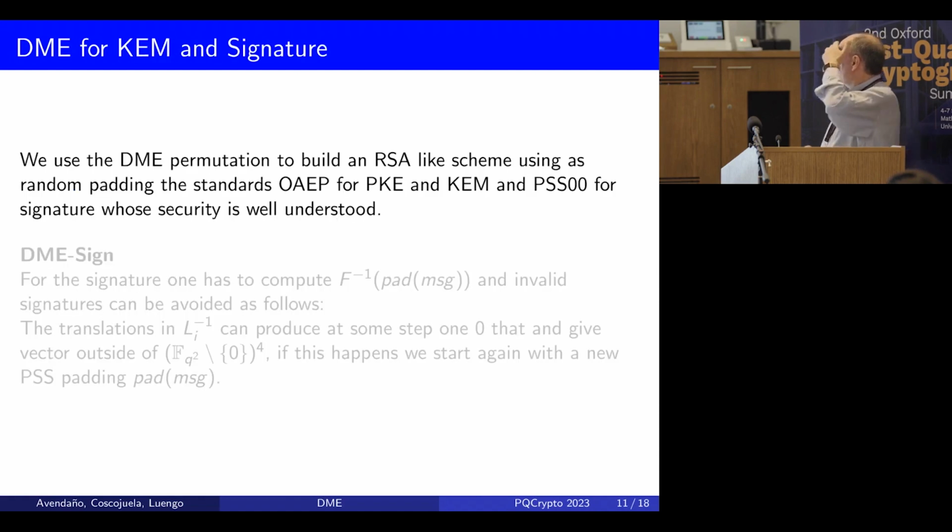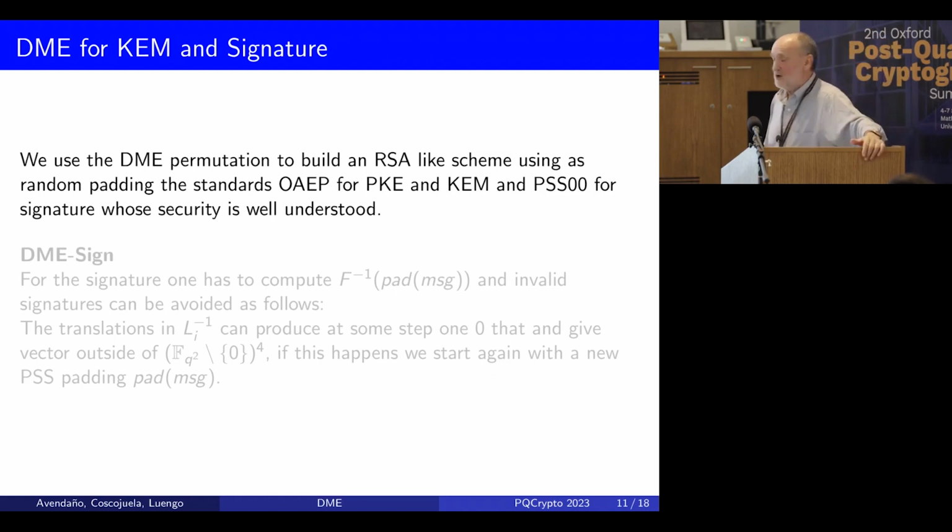As I say, this is a permutation we can use for KEM and signature using the standard padding used for RSA: OAEP for KEM and PSS for signature. These are very well studied, so the security is very well known, and the system is secure if the central permutation is secure, of course.